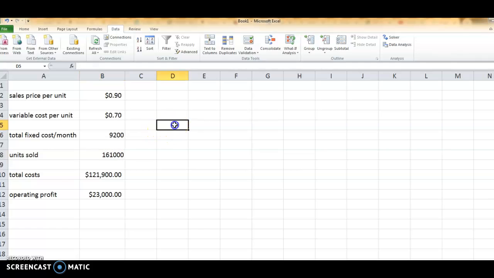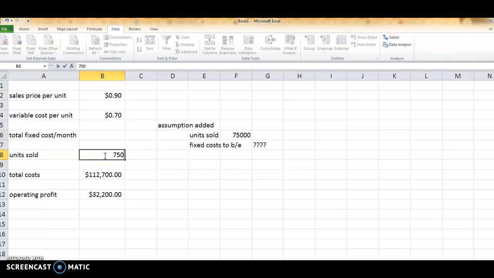This is just an assumption added: units sold 75,000, fixed costs to break even. Right, so all other items remaining unchanged. So now I'm going to take out the fixed costs. I'm going to change the number of units to be 75,000.